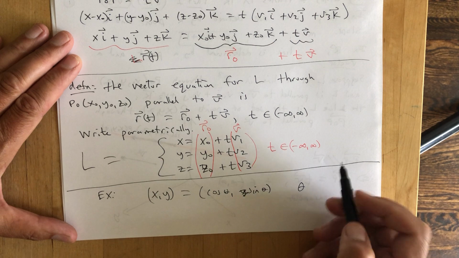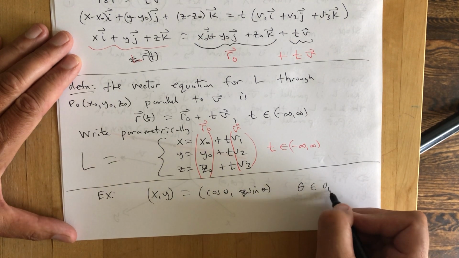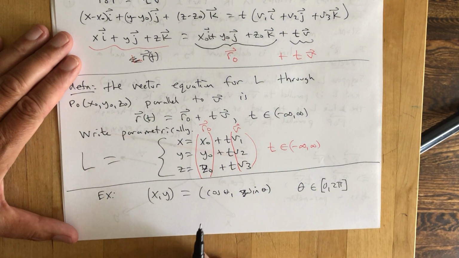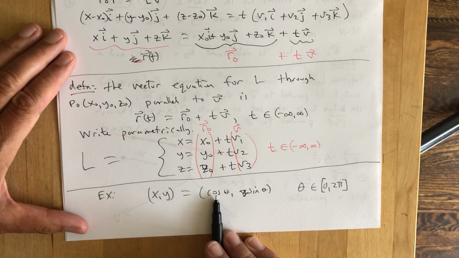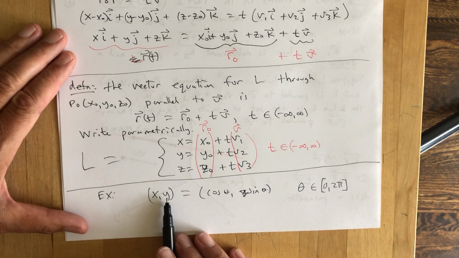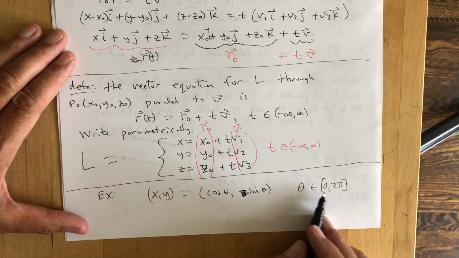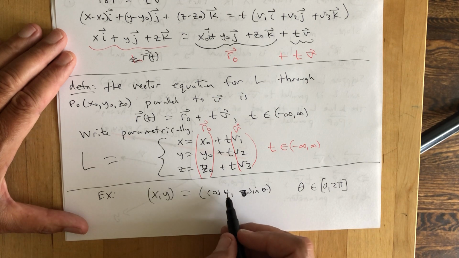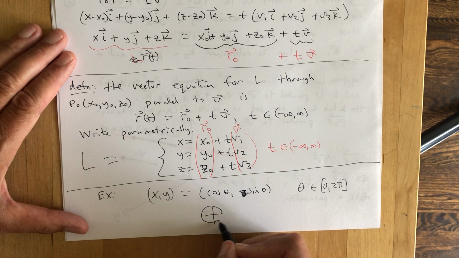Instead of t, we have theta, and let's say theta runs from 0 to 2 pi. So your x-coordinate here is all the values of cosine theta from 0 to 2 pi, and the y-coordinate is all the values of sine theta from 0 to 2 pi. And what this parametrization gives you, with the parameter now theta, is the unit circle.